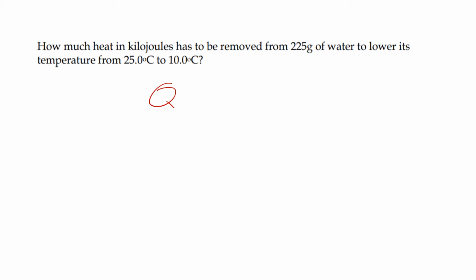We're going to start with the same formula. Q is equal to mc delta T. Q is what we're looking for here. M is going to be 225 times C. It's just water, so it's never going to change, 4.18.